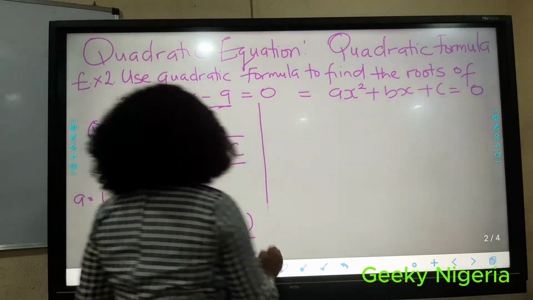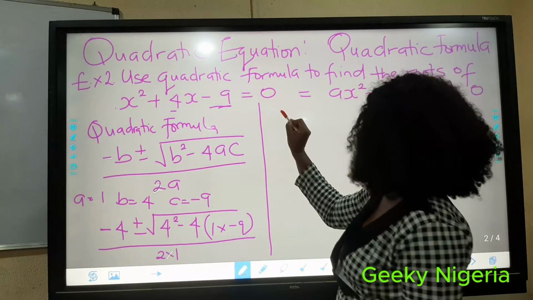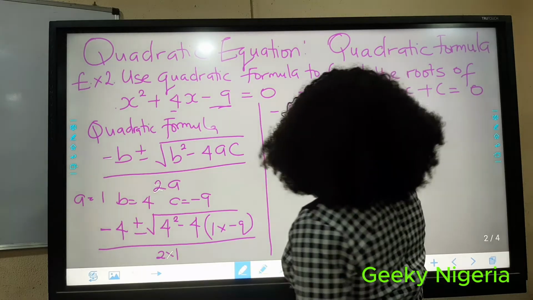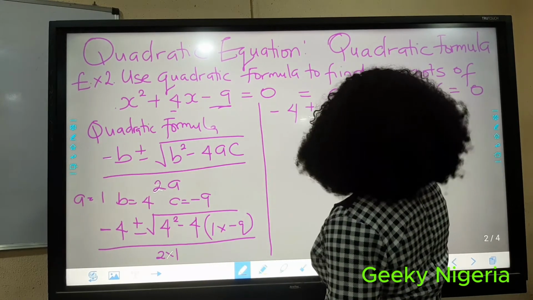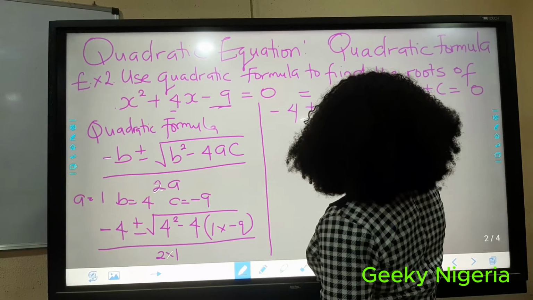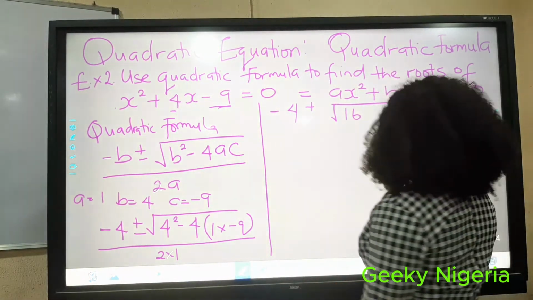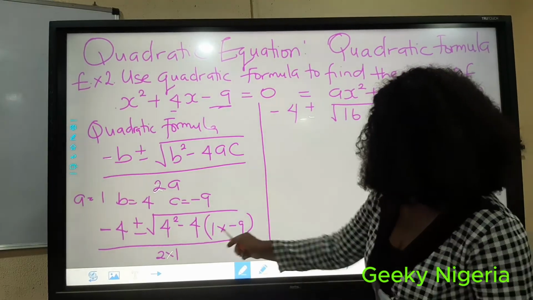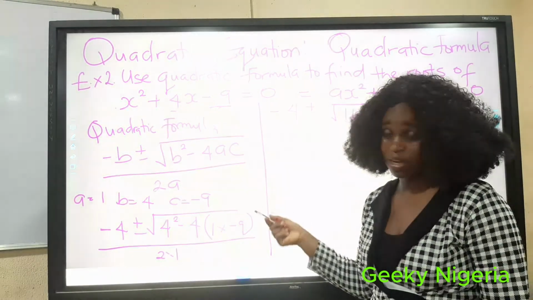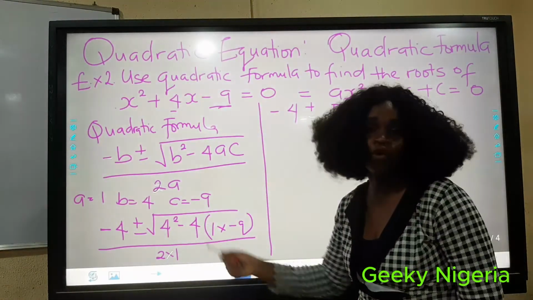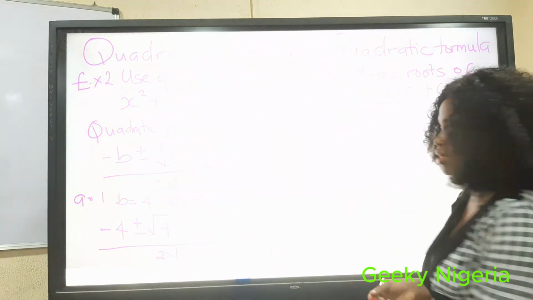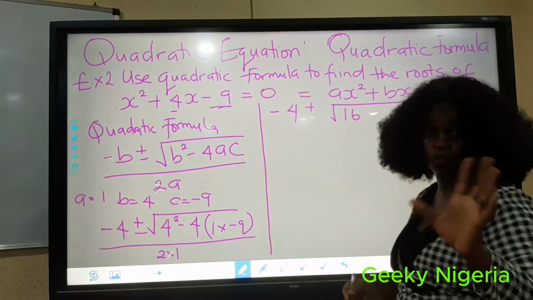So let's continue here. So we have this to now be minus 4 plus or minus the square root of 16. 4 squared is 16. Minus 1 times minus 9 is minus 9, 9 times 4 is 36. Now minus 4 times minus 9 is now plus 36. That's just what I'm putting in brackets so you don't confuse yourself.